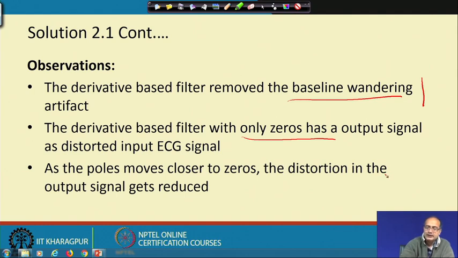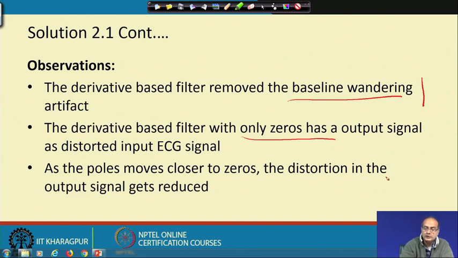We need to be careful about that, because our goal is not just the removal of the baseline wandering, we would like to get the signal undistorted.